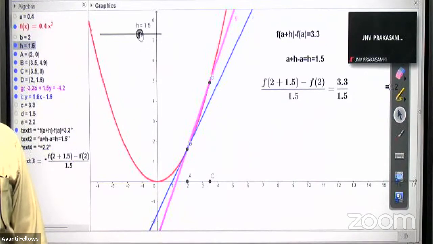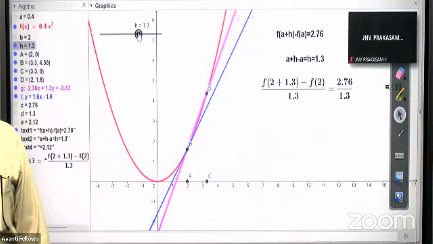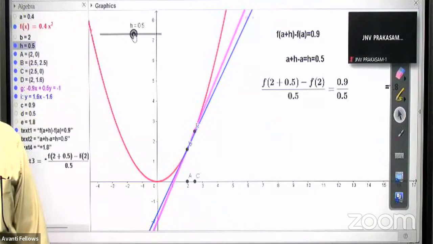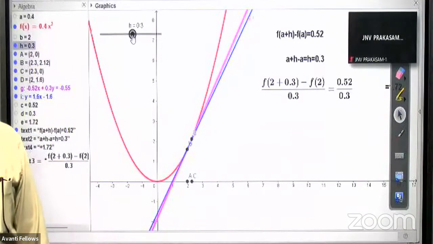So when h is approaching 0, you can see that the line passing through these 2 points is coming near to that blue line. And you can see one blue line is also there.